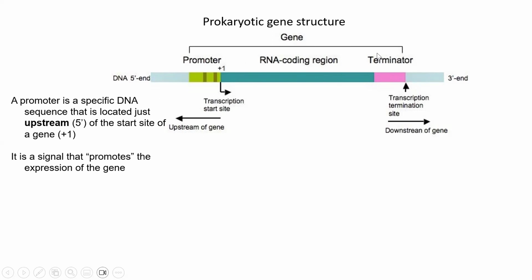Then a termination sequence comes up and terminates it, and everything after that is very downstream. The promoter itself is a signal that promotes the expression of the gene. It is basically signaling, yes, please express this gene.